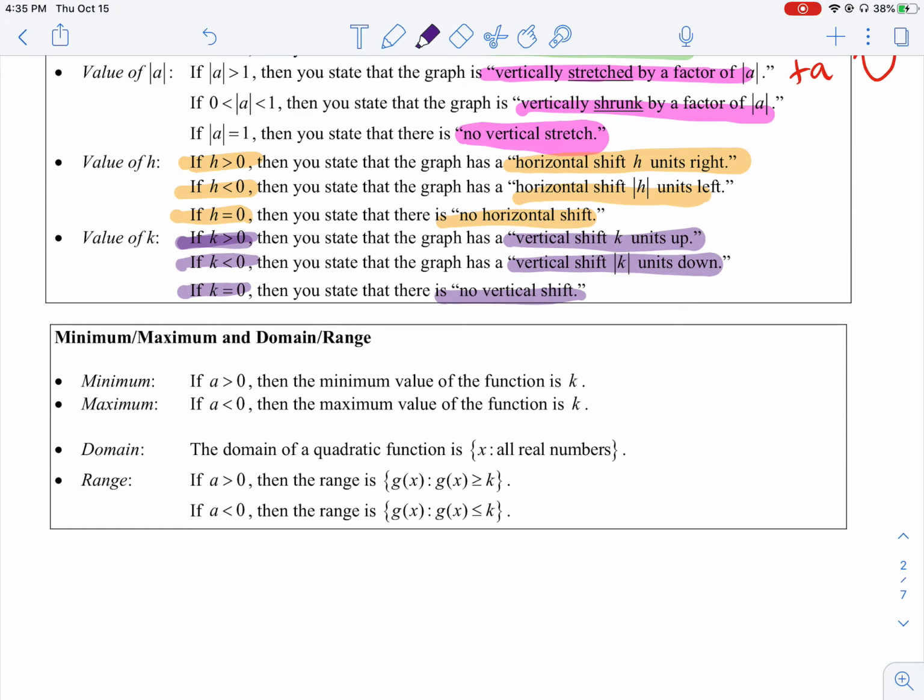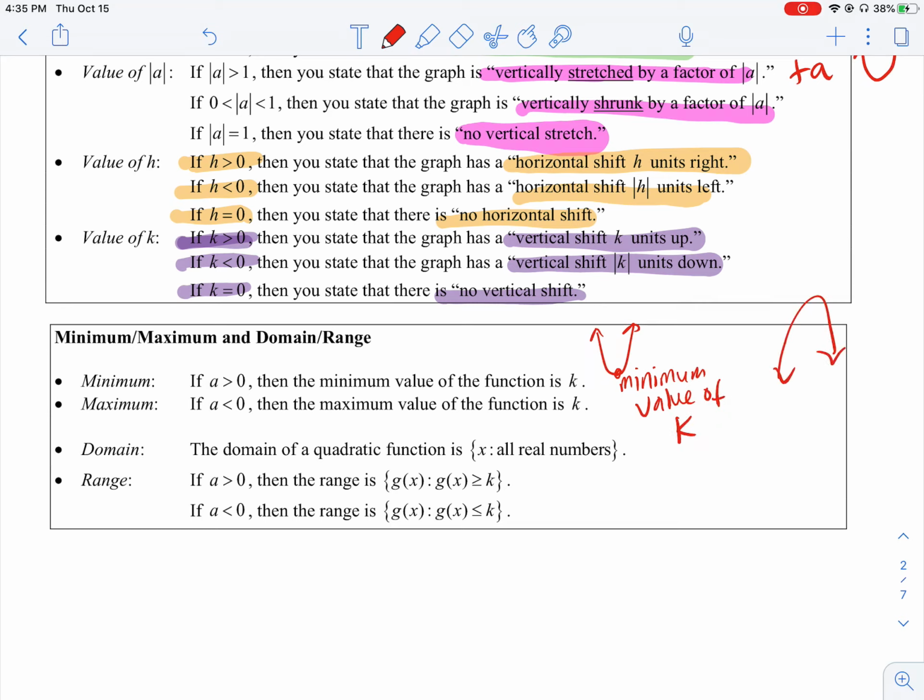For the minimum and the maximum value, I think that would come easier for you because we did that one over and over, right? When we're trying to compare vertex. If my A is greater than 0, meaning my graph is facing up, I have a minimum value of whatever the K is.